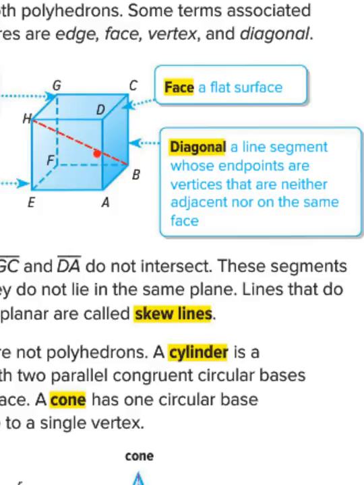So this line segment, whose endpoints are vertices, so this is a vertex and this is a vertex. The plural of vertex is vertices. They are neither adjacent nor on the same face. And this is what we consider a diagonal.